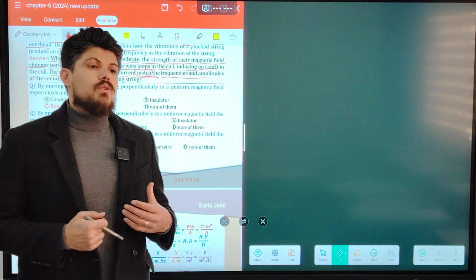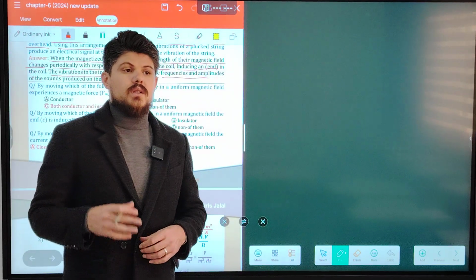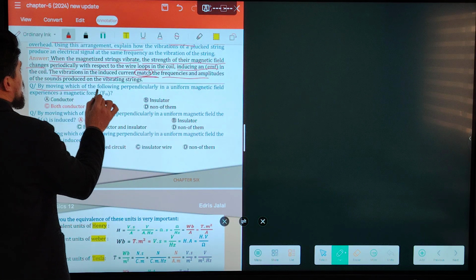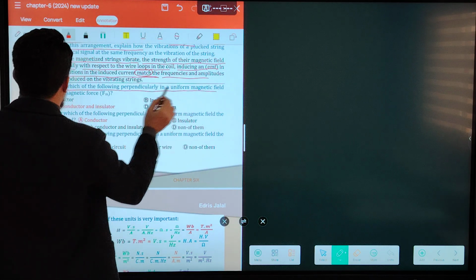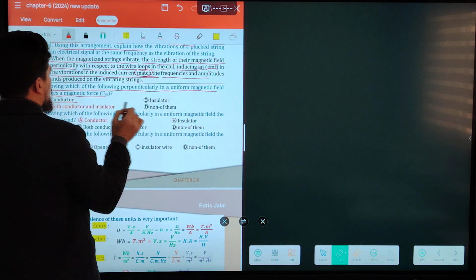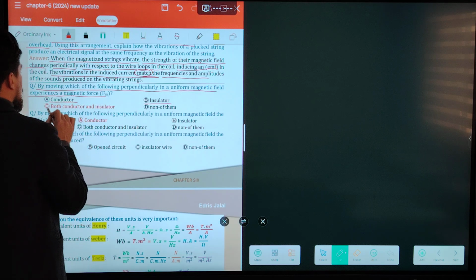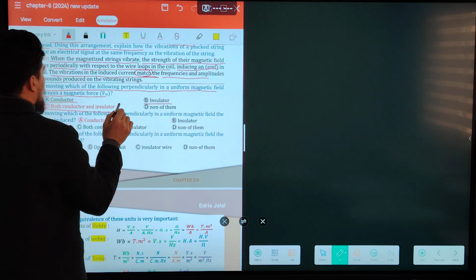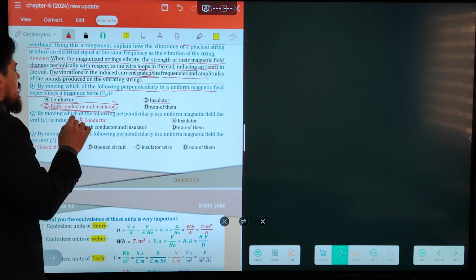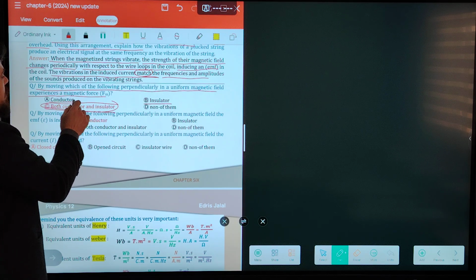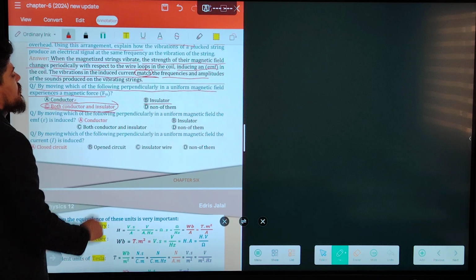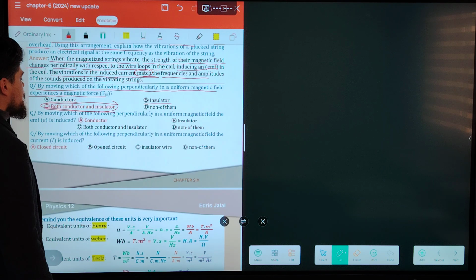But by moving a conductor into the magnetic field, EMF and current are induced in the conductor. By moving which of the following perpendicular to the uniform magnetic field experiences a magnetic force? A conductor, B insulator, C both conductor and insulator, D none of them. The correct answer is C, because there will be a magnetic force in both conductor and insulator, but this magnetic force cannot separate positive charge and negative charge in an insulator.